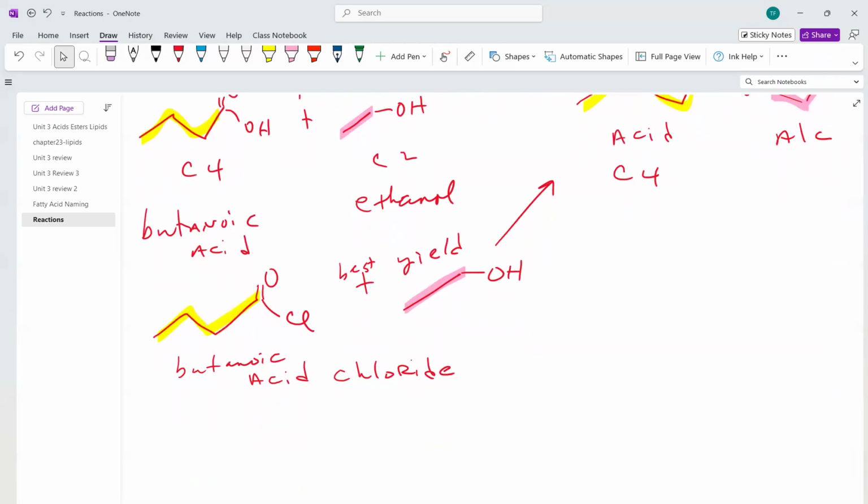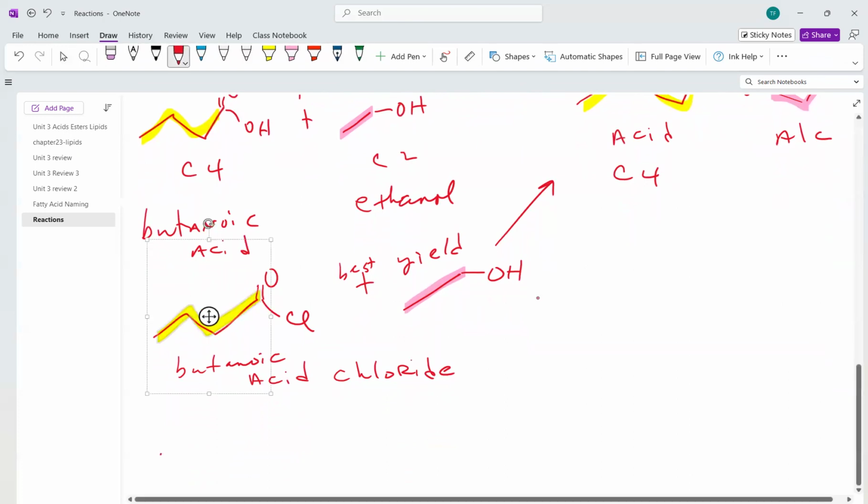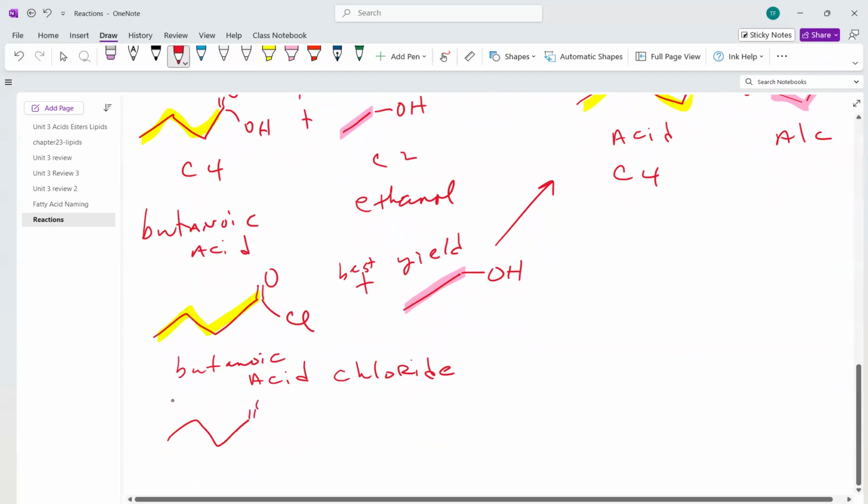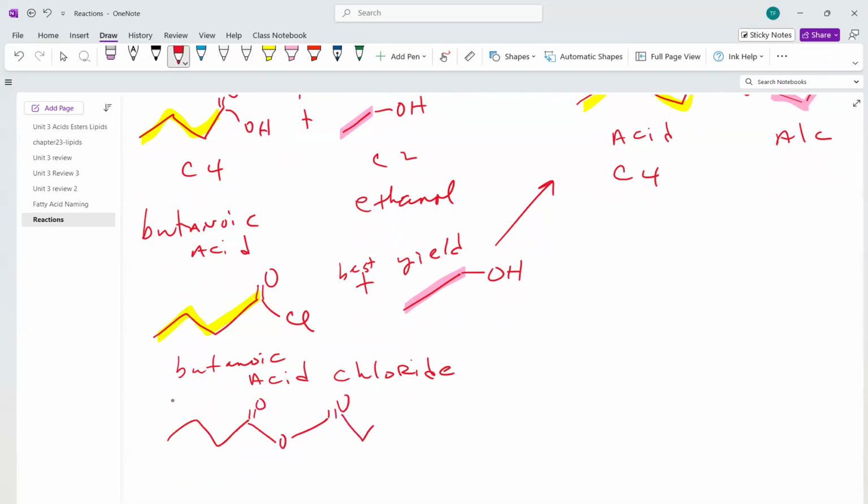Now, everyone gets confused about anhydrides. I just tell everyone, think of it as two esters stuck together.